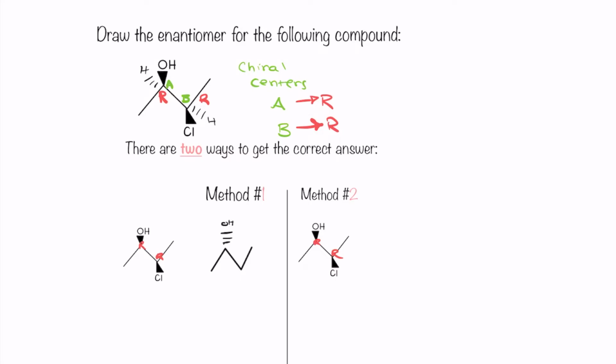So for instance, this alcohol here was on a wedge, so if we want to reverse the rotation on the chiral center, we should just draw it on a dash. And if this chlorine here is on a wedge, we can reverse the rotation for the chiral center by drawing it on a dash.